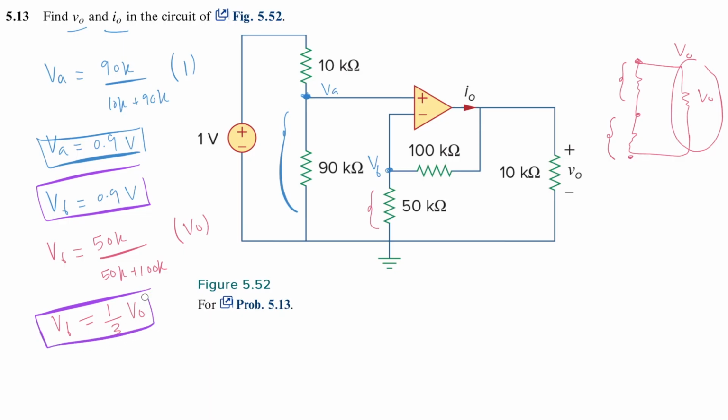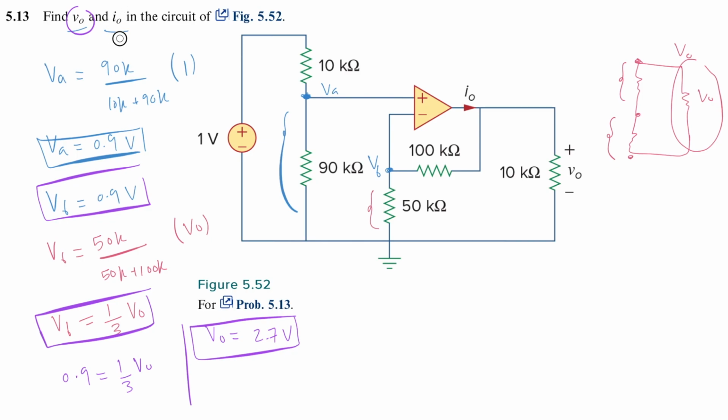We have this expression here. So 0.9 is equal to 1 over 3 V naught. So V naught is equal to 3 times 0.9, which is 2.7 volts. So we found one of the parameters that we are asked to find.